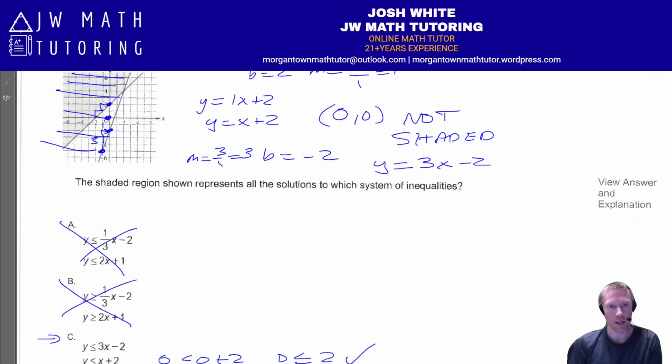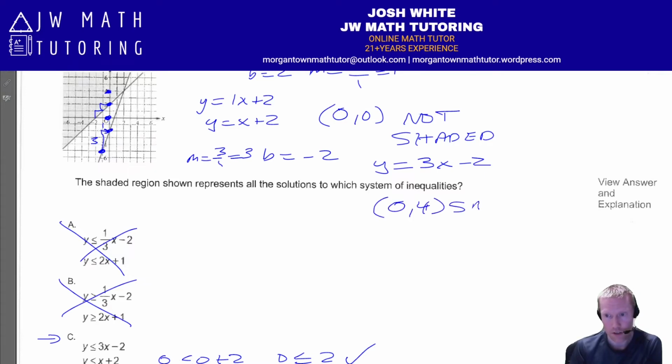So I'm going to pick a point that is in the overall shading of the solution just to double check and be sure. So I'm going to pick 0, 4 now as my point, and 0, 4 is shaded for this one.